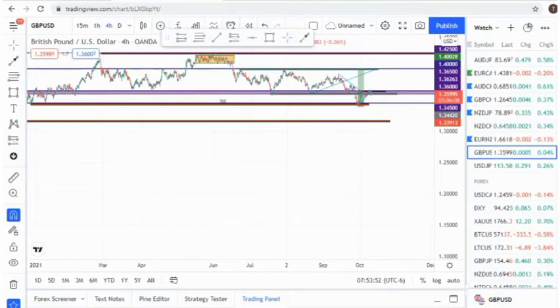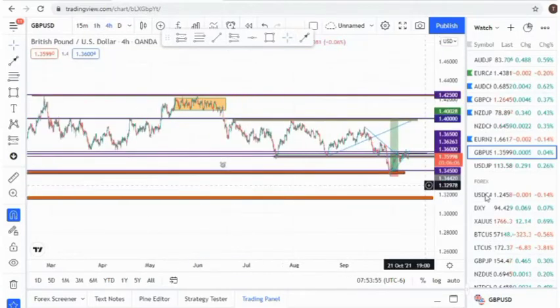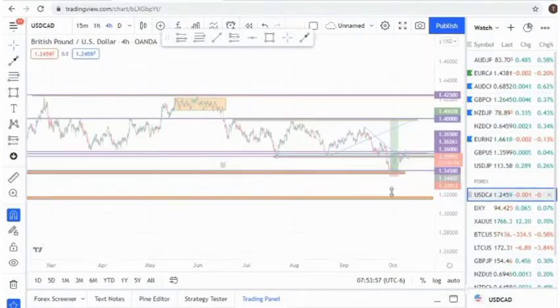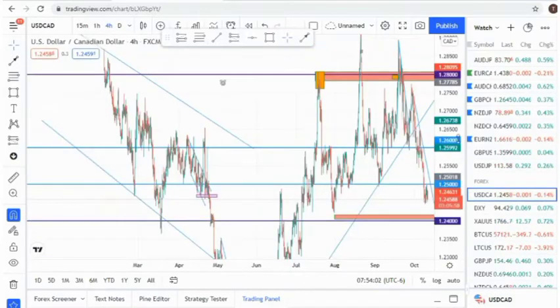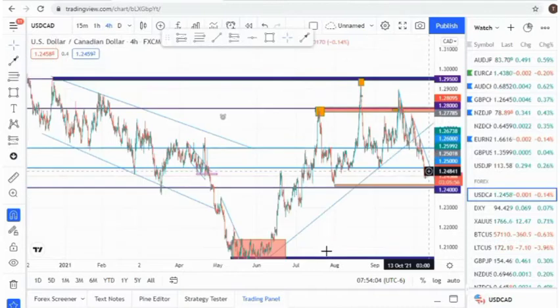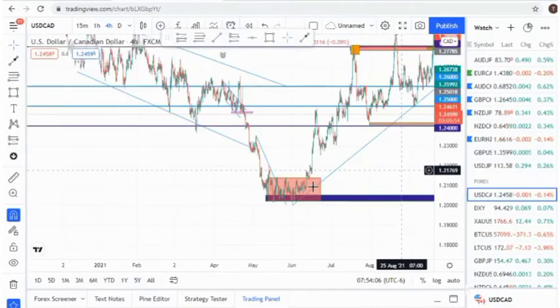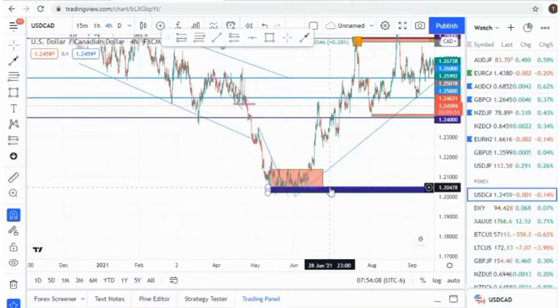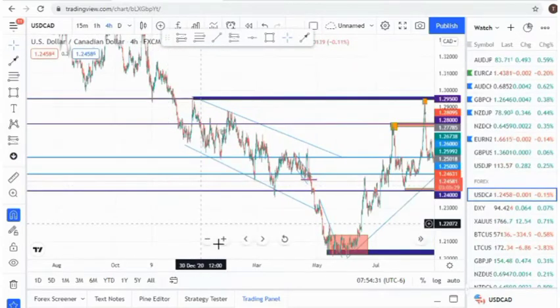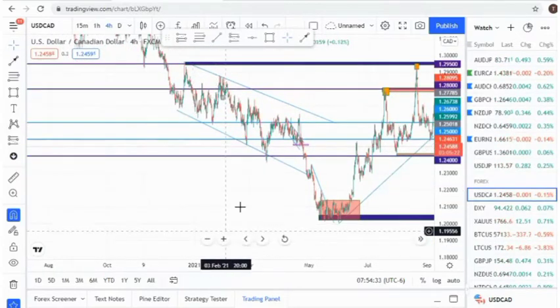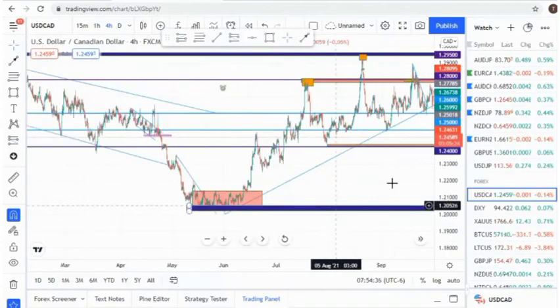Let me show you another one that occurred on USD Canadian dollar. The one that occurred on USD CAD was actually a pure accumulation phase. The one that occurred on GBP USD was a distribution phase. So this one you're seeing here is not a pure distribution phase. As you can see, I clone this all the time.